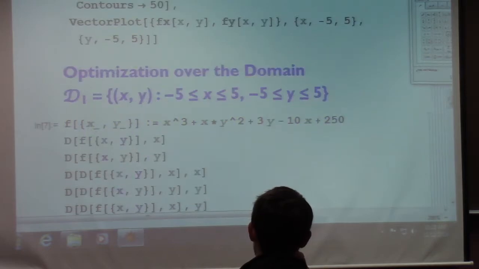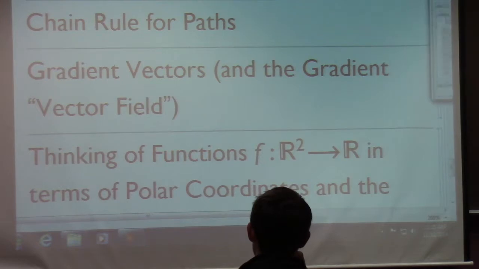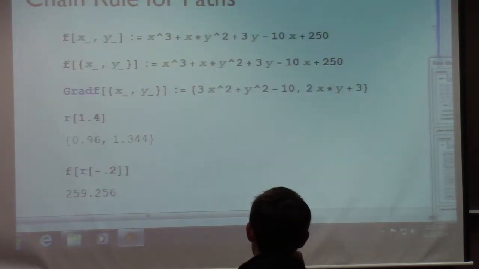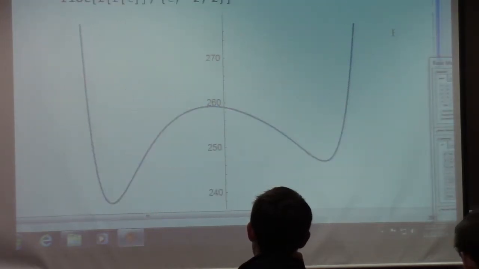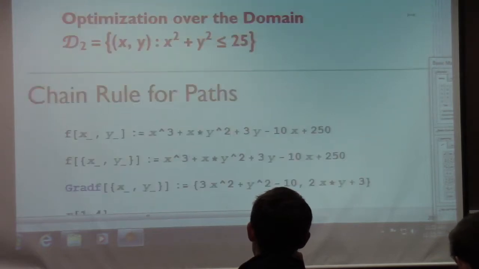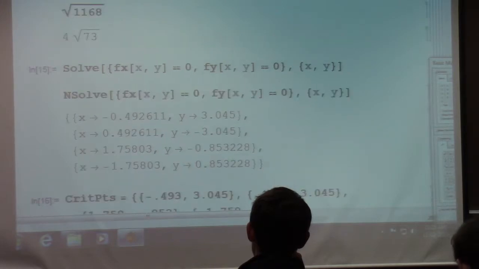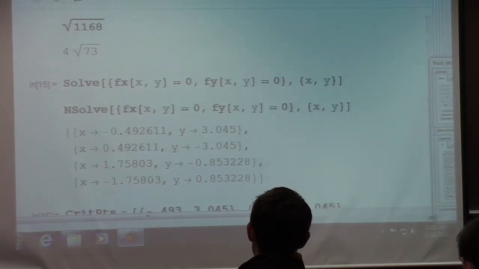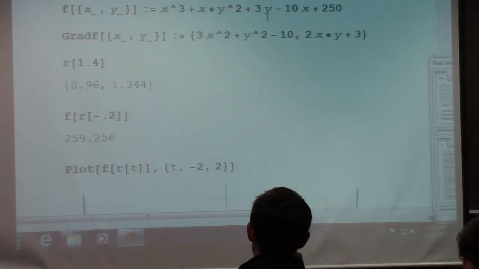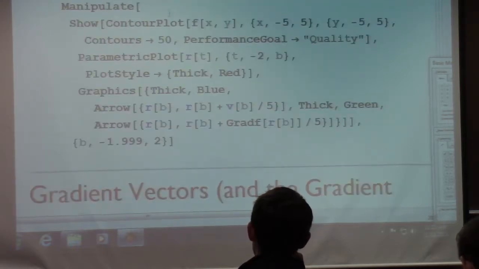Let's see, where's my plot? Where's my contour map? I think I had it down here. I think I'll go ahead and enter the gradient vector as well up there. I'll copy and paste this up here. Enter that. That'll be handy. The contour map is down here, it looks like. I am not going to bother with an animation of anything.